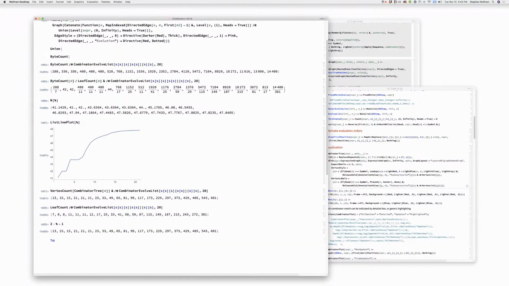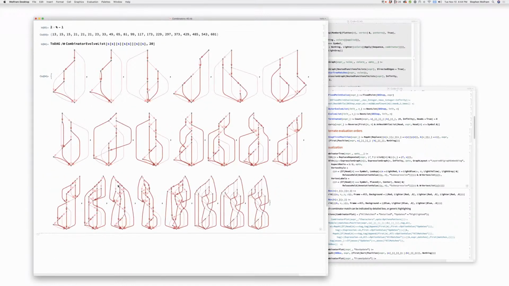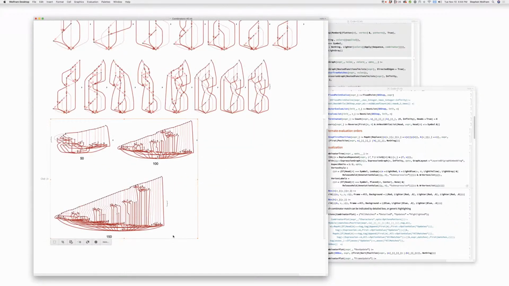If I say to DAG, these are the DAGs that you get. Okay, now what's more interesting, here, I'll show you. These are the DAGs you get for much larger sizes. Okay, so that's showing you with the common subexpressions.